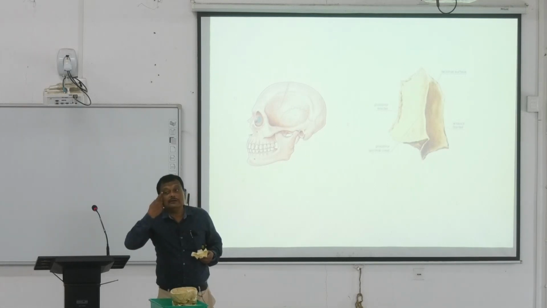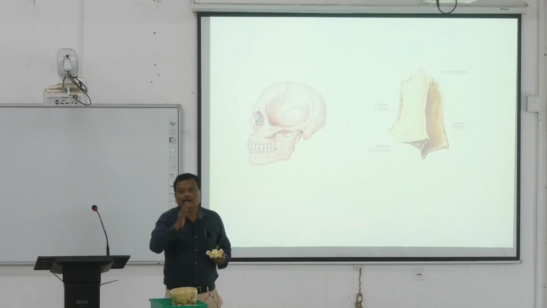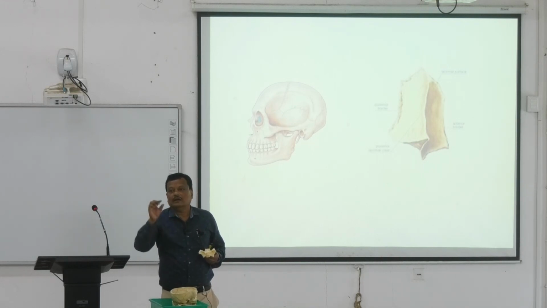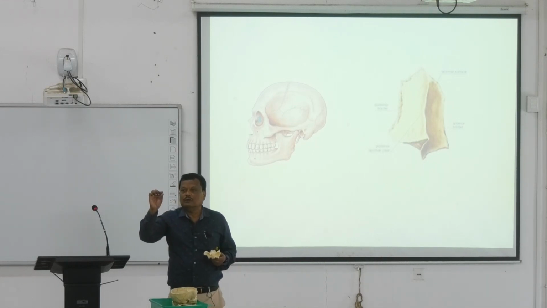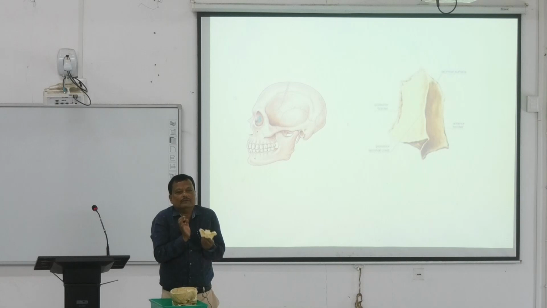So the lacrimal gland is situated in the frontal bone, but the lacrimal sac is situated between the maxilla and the lacrimal bone, between the anterior and posterior lacrimal crest, a small sac which for the time being contains a few cc of tear.